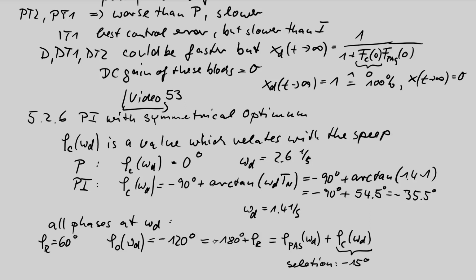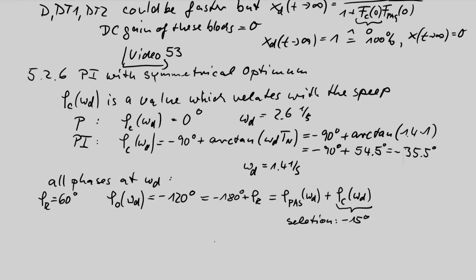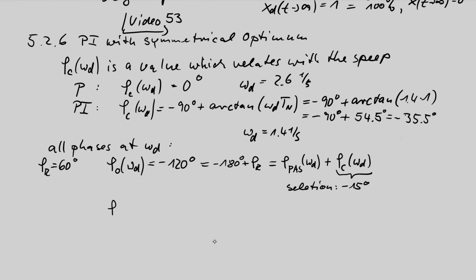Then you can see in this equation on the left side we have minus 120. On the right side we have this. If this is given, we can solve this phase equation for the value of my process phase. Putting the minus 15 on the other side, it is minus 120 plus 15, and we have minus 105.